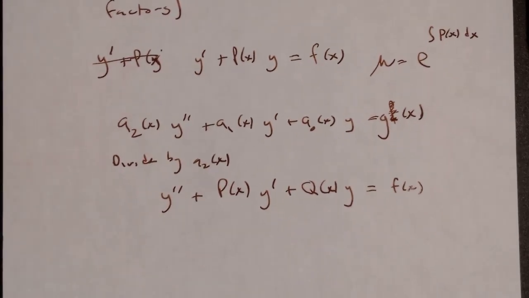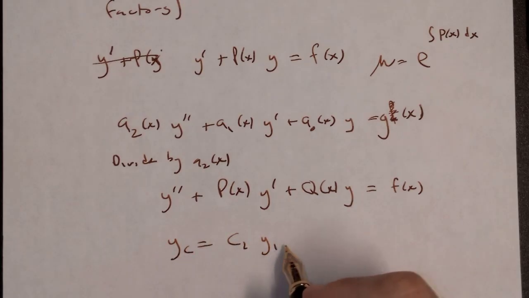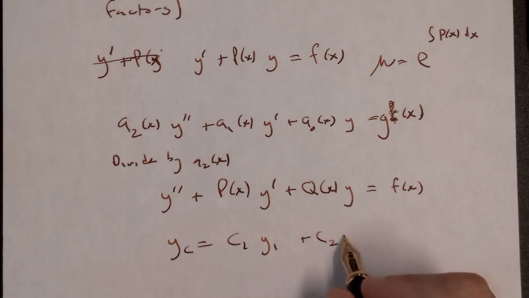Now, here's the best part. If p and q are constants, I'm done. Solve the quadratic equation, walk away, right? If p and q are numbers, that's what we were just doing. And my solution would look like something else.